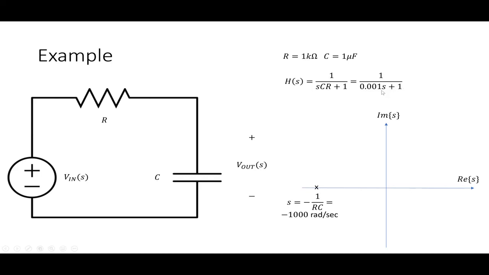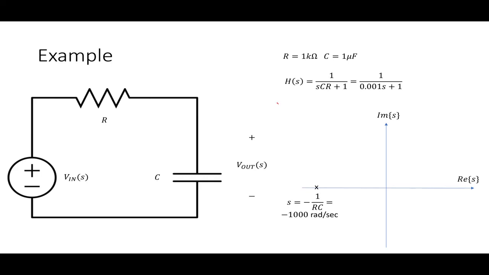So in looking at this, the first question I ask myself is, where are the poles and zeros? Well, there's no value of S that will make this transfer function equal to 0. In other words, there is no value of S that makes the numerator 0. There is clearly, however, a value of S that can make the denominator 0, right?